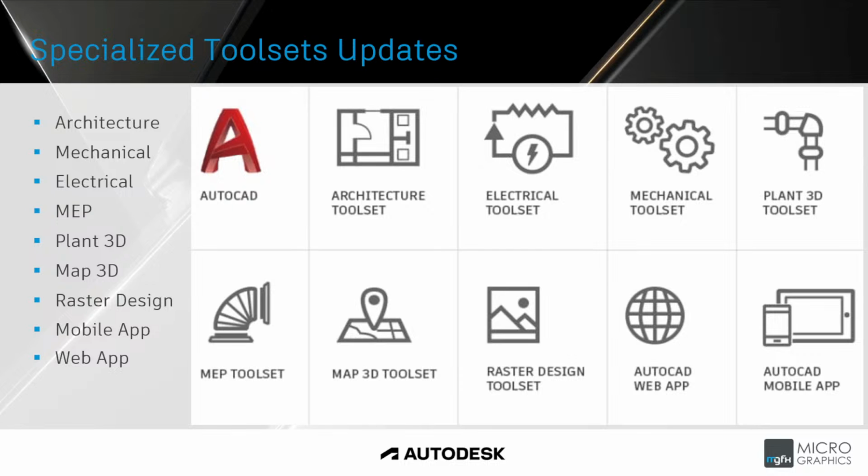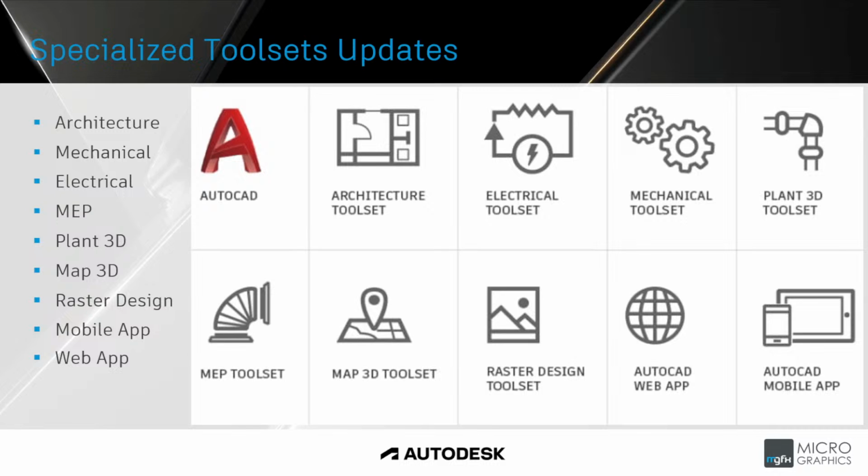Mechanical toolset makes use of specialized mechanical design features and 700,000 plus intelligent manufacturing parts, features, and symbols to speed up product design.